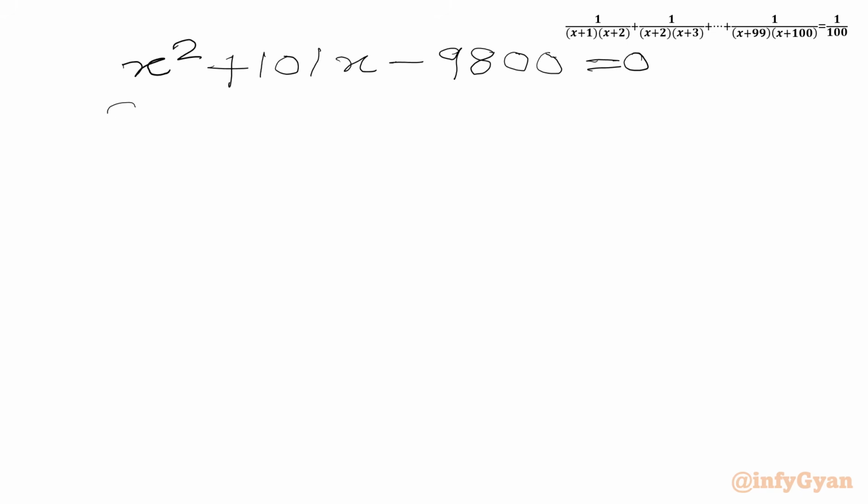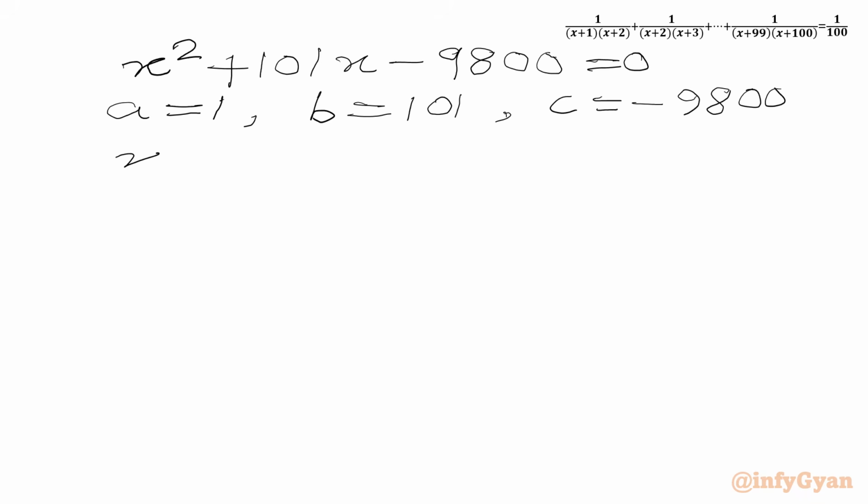If I will write ABC value for our quadratic formula, then A is coefficient of x square, 1, B will be coefficient of x, 101, and we will write C equal to constant, which is minus 9800.